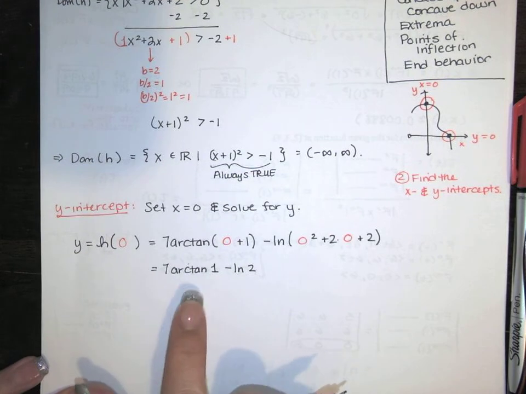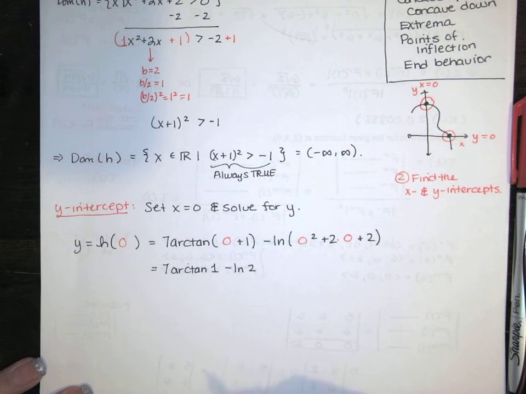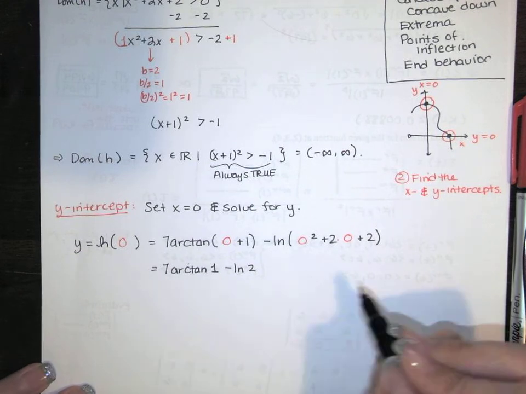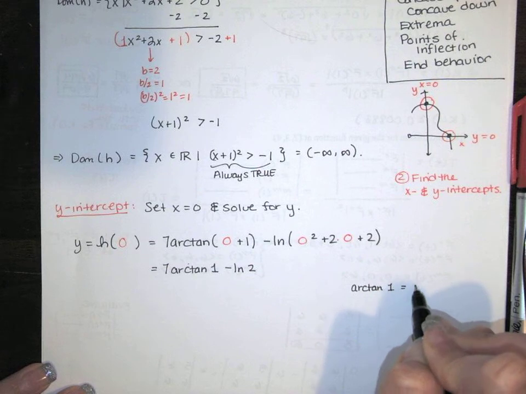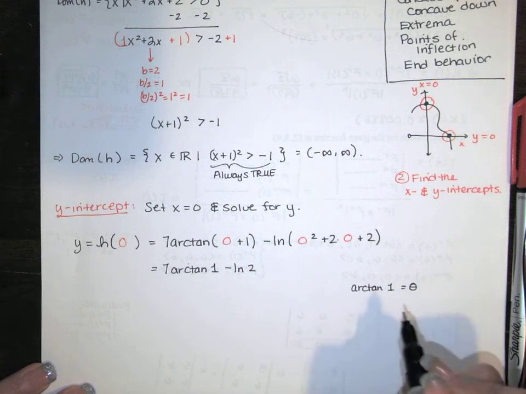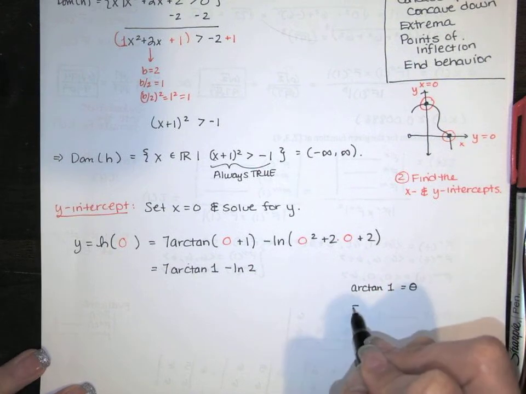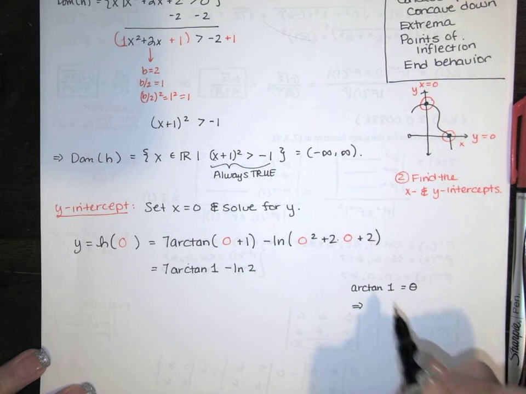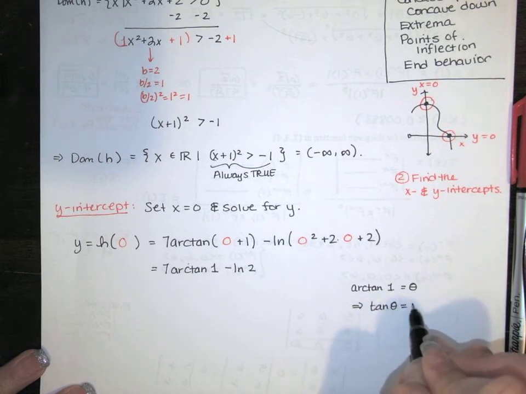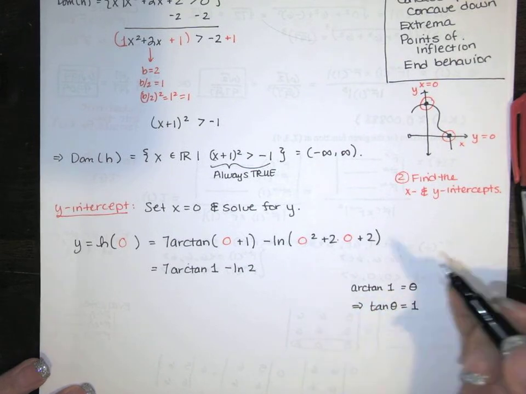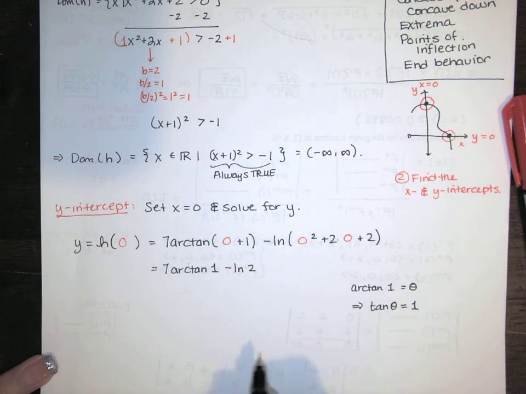Now, arctangent of 1 is an angle. Inverse trig functions always give you angles. And the way I think about it is this. Arctangent of 1 is an angle, and it's the angle whose tangent is 1. So if we take the tangent of both sides, we get tangent of the angle equals 1. And there's a little bit of a restriction.